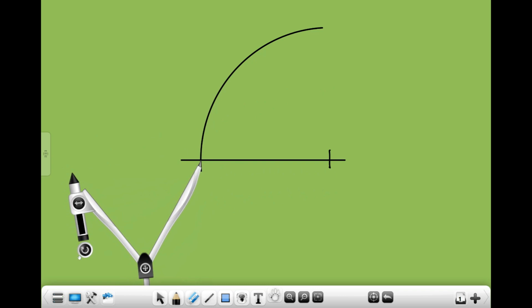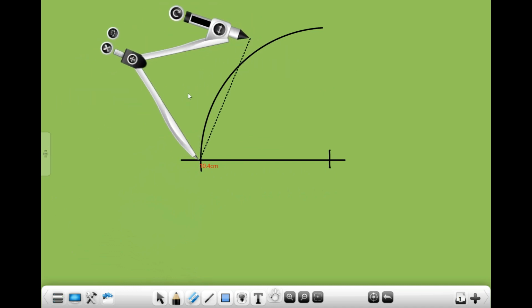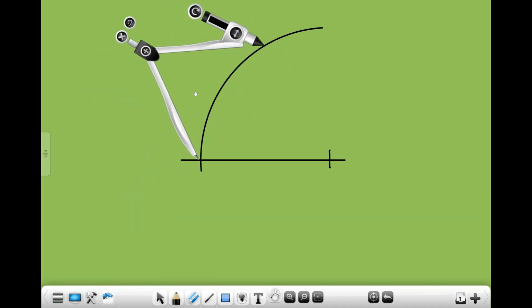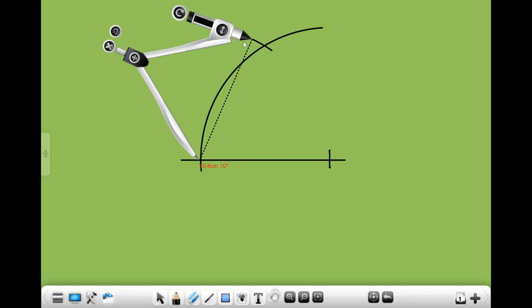And then you can cut through this arc here. So now I'm going to cut through the arc to get the intersecting point. This is the most important part. Can you do that? Yes. So it is done, you see. We have the intersecting point already, so you can remove your compasses.